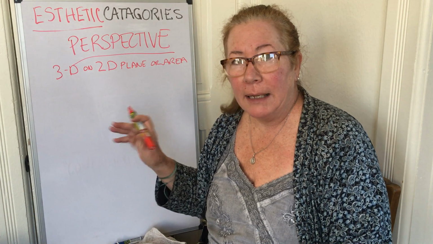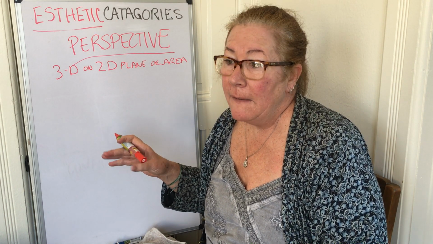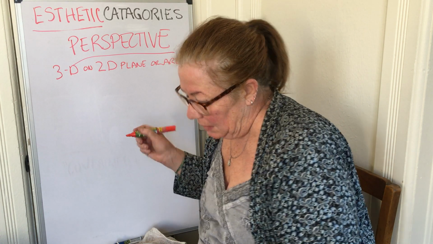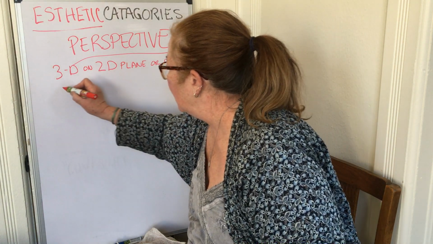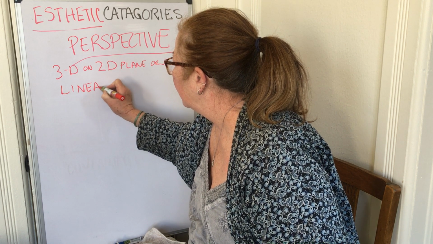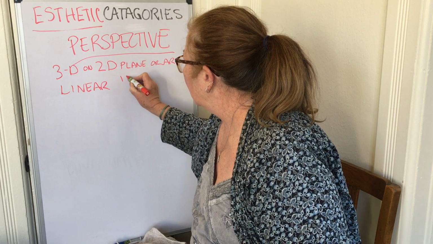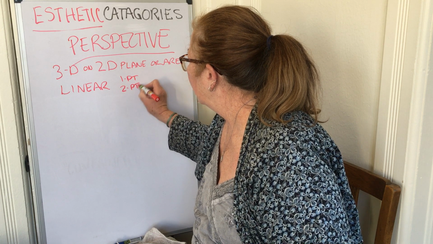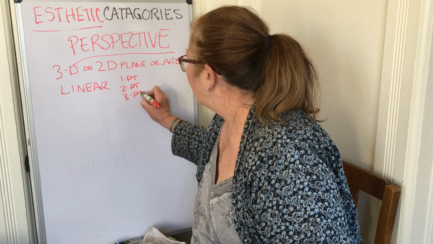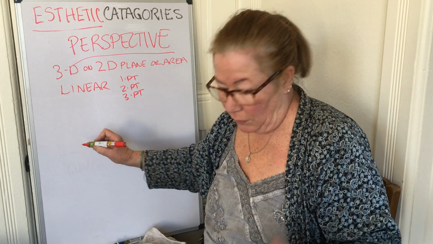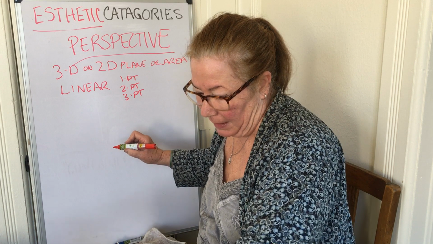So in the Renaissance we're talking mostly about linear perspective. But there are three different kinds of linear perspective too: 1-point, 2-point, and 3-point perspective. Let's talk briefly about these three different kinds.